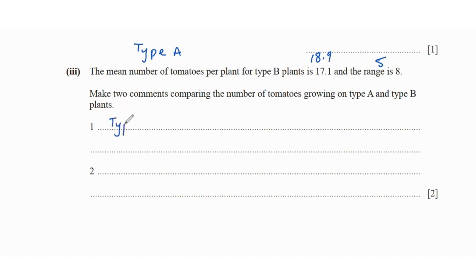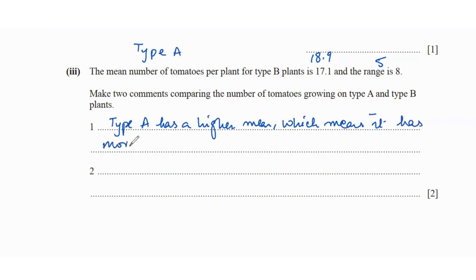Type A has a higher mean, which means it has more tomatoes per plant.